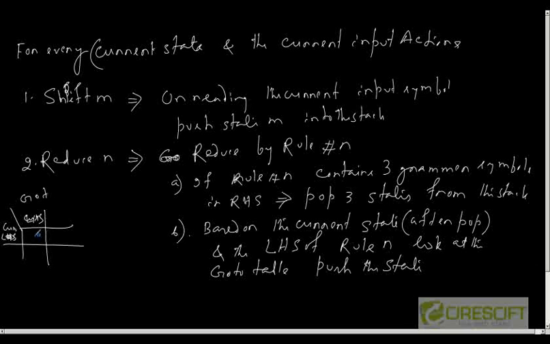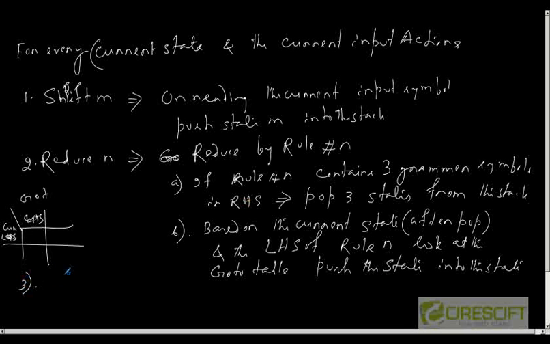On the basis of whatever is the table entry in the goto table, you push that state into the stack. So every entry in the goto table contains a state, whereas every entry in the action table contains actions, shift M or reduce N, like that.